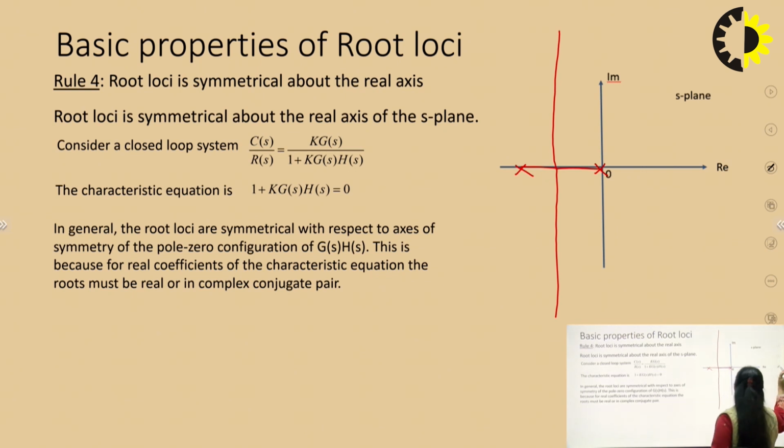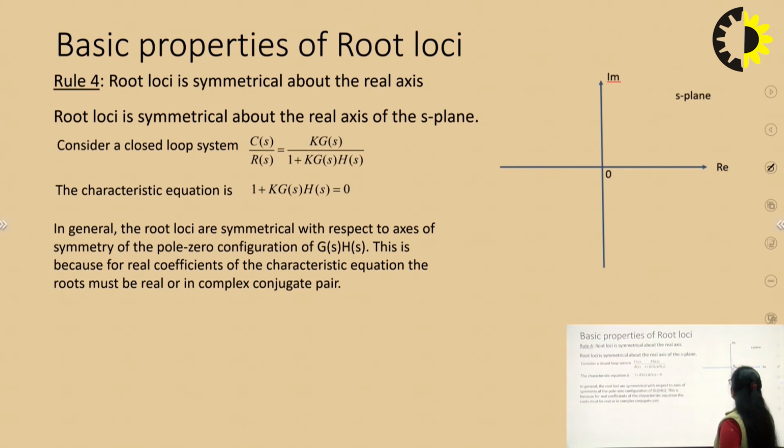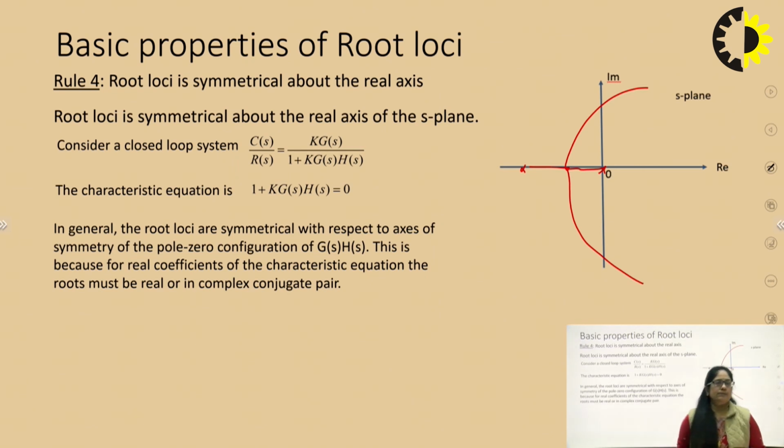Or if you have a root locus of this kind, then a root locus starting from here going towards infinity, there is another root locus starting from here and going towards infinity. So, root locus is symmetrical about the real axis.